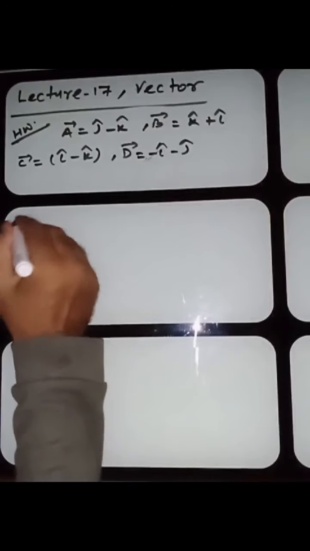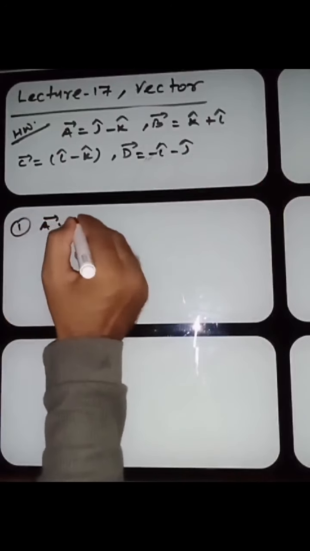The questions: the first one, A dot B cross C, you have to find.